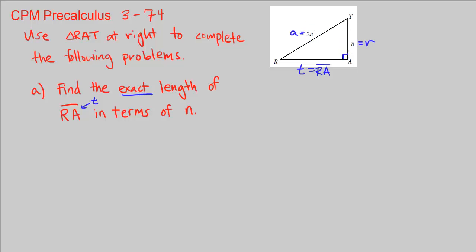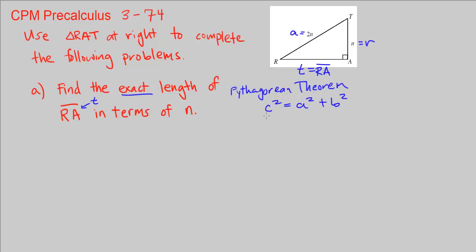And we can see right away that this is a right triangle. We're told that angle A is a right angle. So we can use the Pythagorean theorem. The Pythagorean theorem tells us c squared is equal to a squared plus b squared.